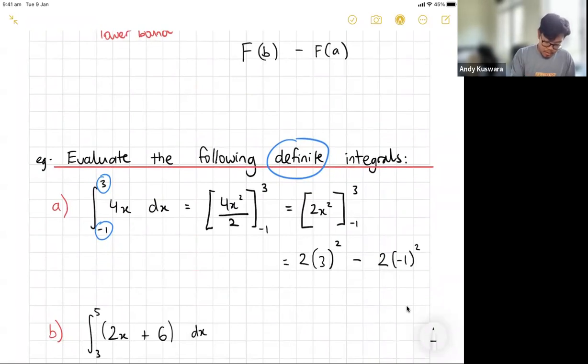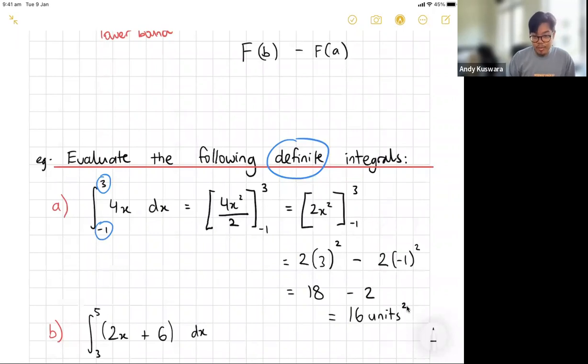And so here, if I was just to calculate it, that'll be 2 times 9, which is 18. And I'm going to take away 2 times -1 squared, which is 2. 18 take away 2 is 16 units squared. And that there would be my answer.